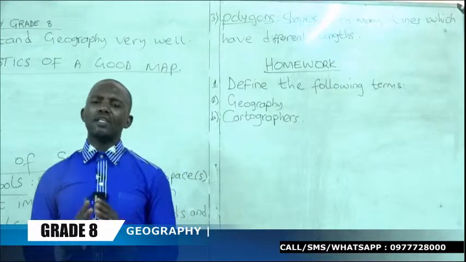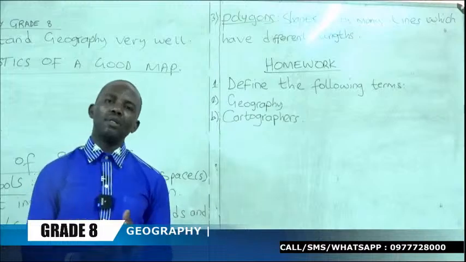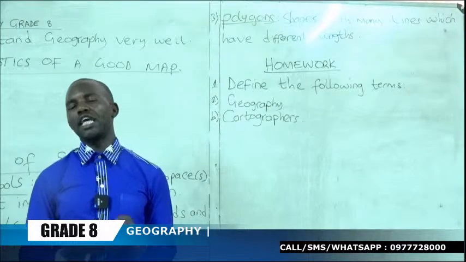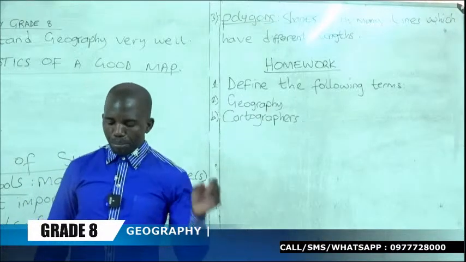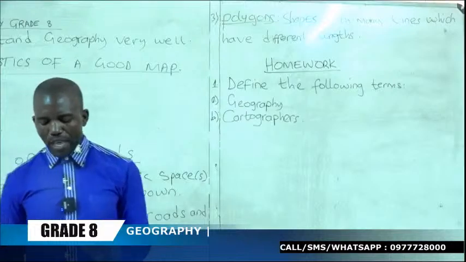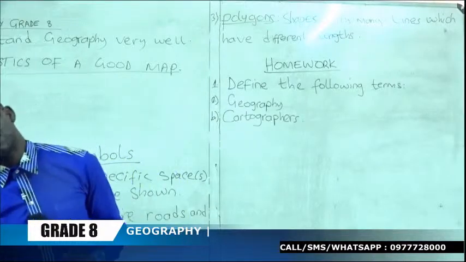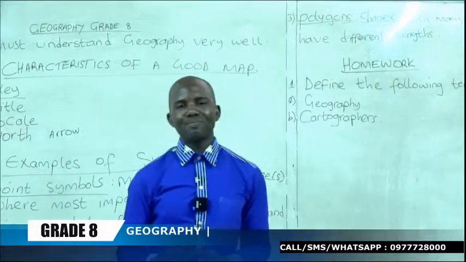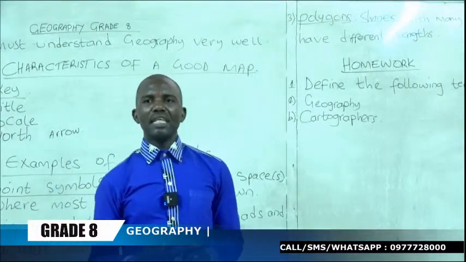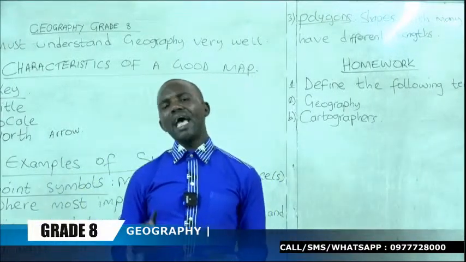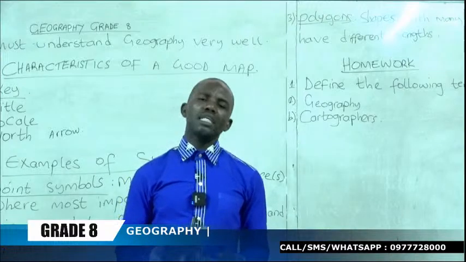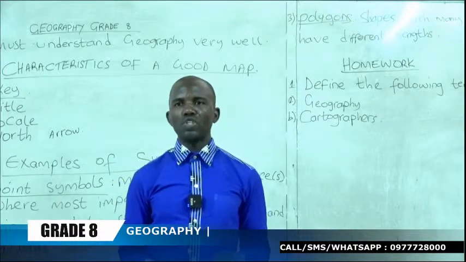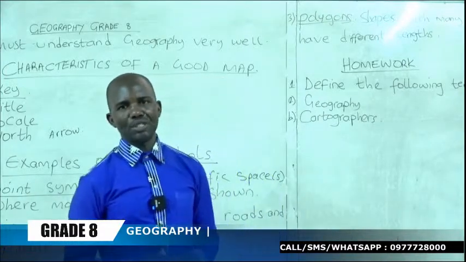On the real things, I gave examples of the town, the city, as well as the village. Whereas diagrams, on the other side, just represent things and ideas. Maps represent real things, whereas diagrams represent things and ideas. That was point number 1.